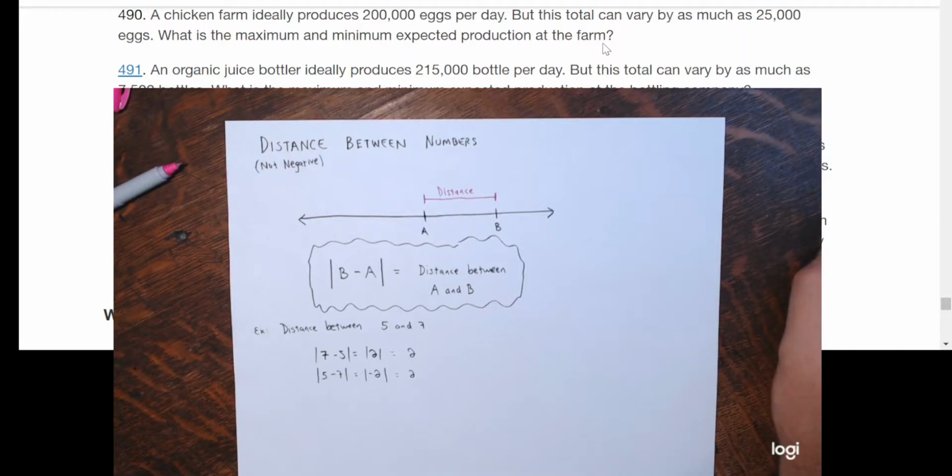Now I know this is easy to do. You can just say, take the 200,000 that they'd ideally produce and that can vary by 25,000, meaning add 25,000, subtract 25,000, and then the expected production can be anywhere from 175,000 to 225,000. I mean, I just said that out loud. You can do all that in your head probably.